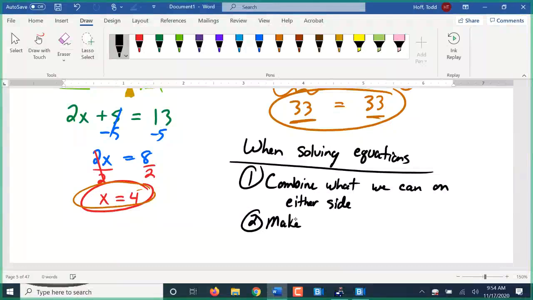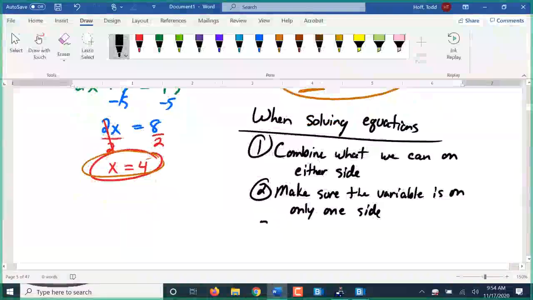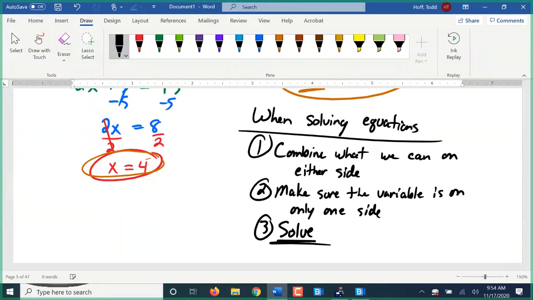That is make sure the variable is on only one side. Then we can solve. But only if those first two pieces are complete can we then solve the equation. In other words, solving means take it apart.